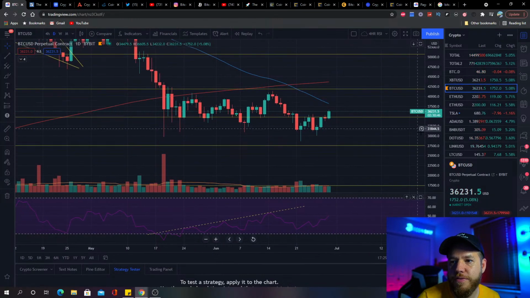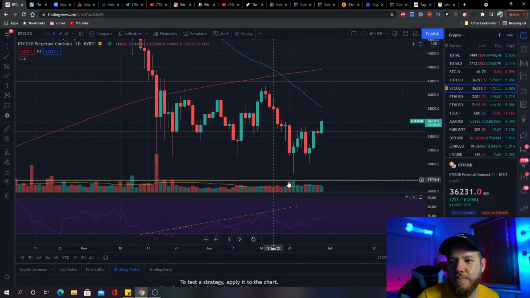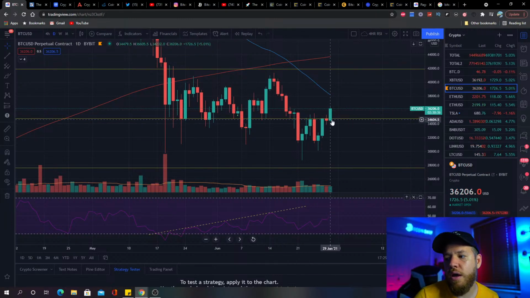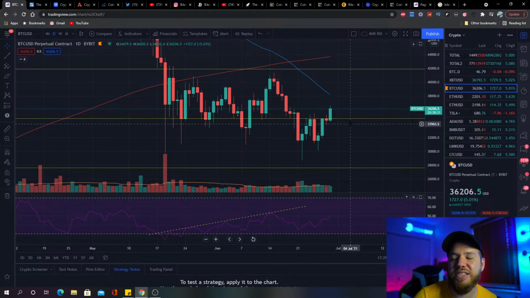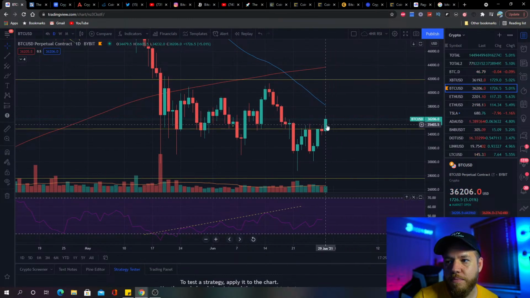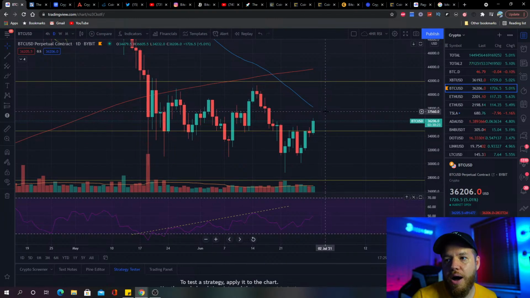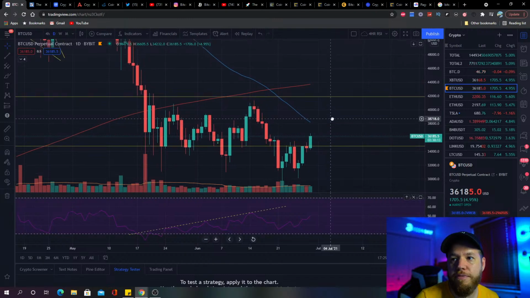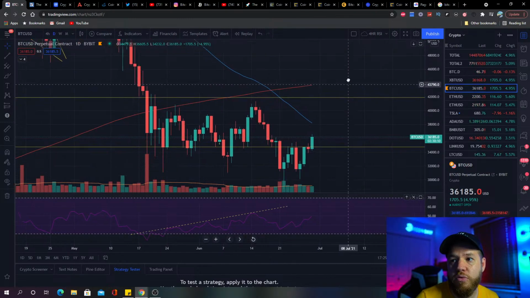Also, if you look at the Fibonacci levels, you'll see that we bounced from the 61.8 and we're above this one right here, which is that big 35K resistance zone. With a close above 35, that should flip the resistance into support. So we should have strong support here at 35 with a close here. That's what we're watching right now. With 35 being the support, the top of our range could go up to 40 to 42K before a potential big move up.